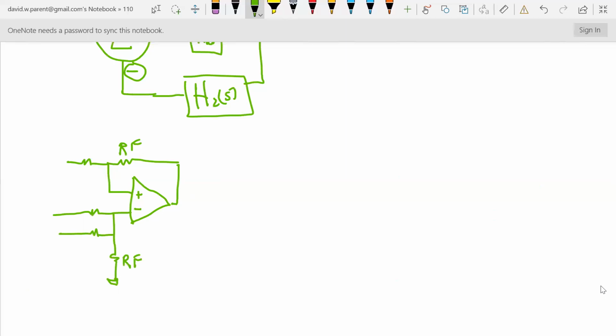Now, V in is positive, right? So it's got to go in on the positive side of the summer, right? I'm not quite sure how things are going to get connected, so I'm just letting it be for now, all right? So then that goes straight into our low pass, which then goes straight into our high pass.